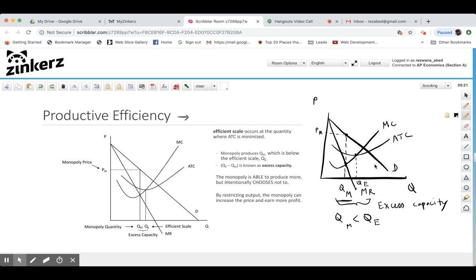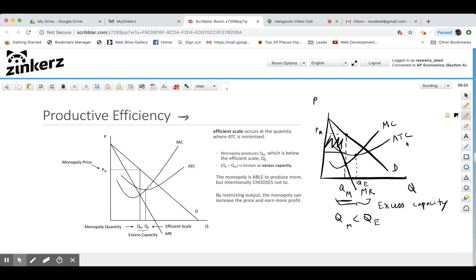And the reason they do that is because by restricting output, by producing where marginal revenue is equal to marginal cost, and therefore finding the price from your demand curve, essentially they can keep all of this as their profit.